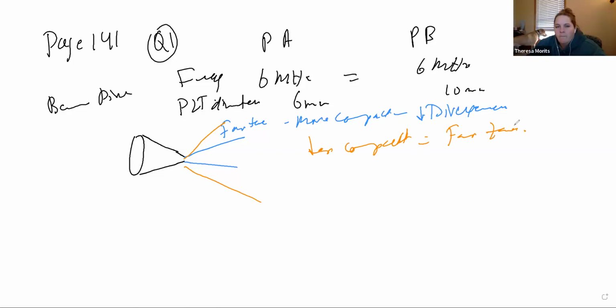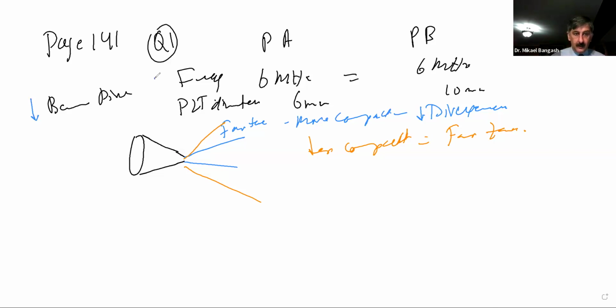So the more compact a beam is in the far zone, it's going to diverge less. When we say more compact, that's going to be less divergence. We are looking for less divergence.